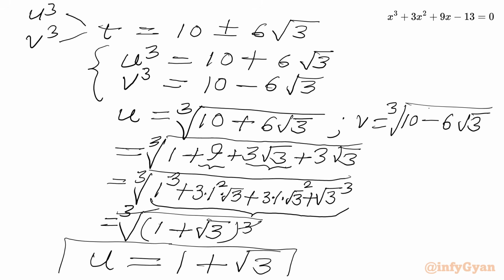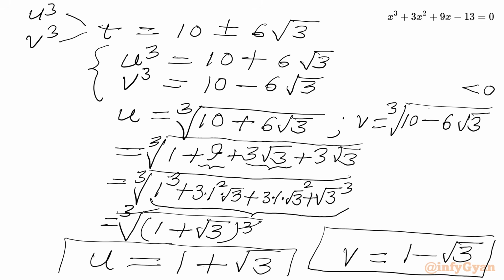Now we have cube root of 10 minus 6 root 3. This is v. And we know that this is negative. So on the same logic, same steps, we can find v equal to 1 minus square root 3. Now u and v, both values are known.